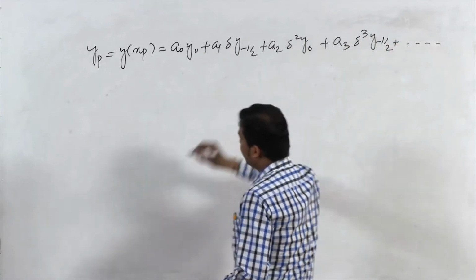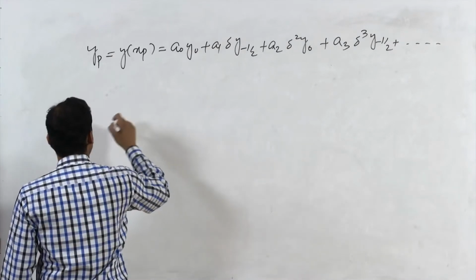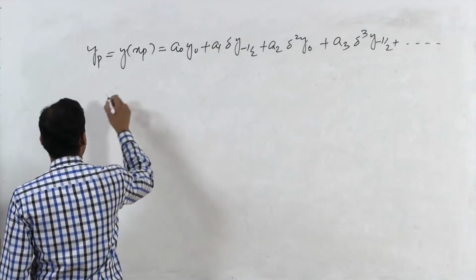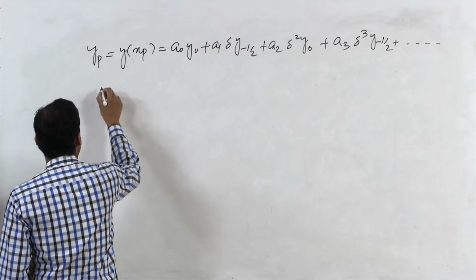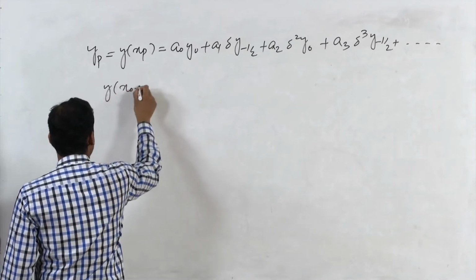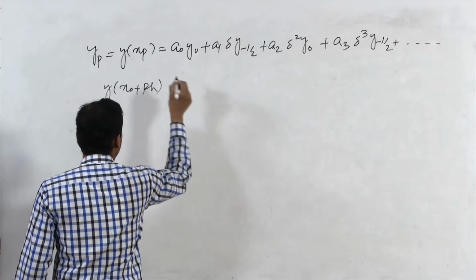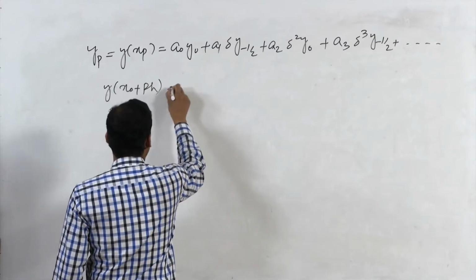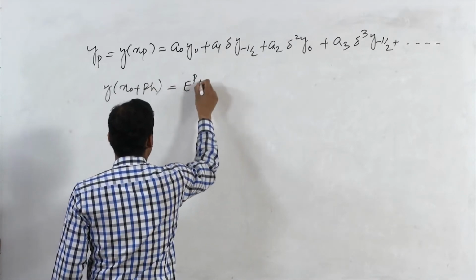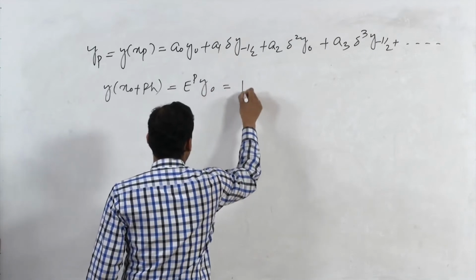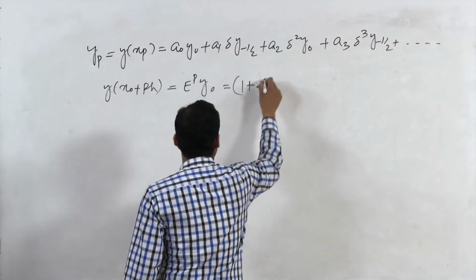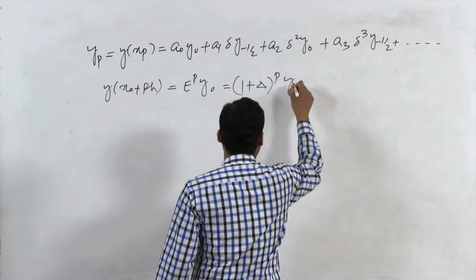Likewise, if we express the left hand side y of xp as y of x0 plus p, it can be expressed as e to the power p of y0, which can be written as (1 plus delta) to the power p of y0.